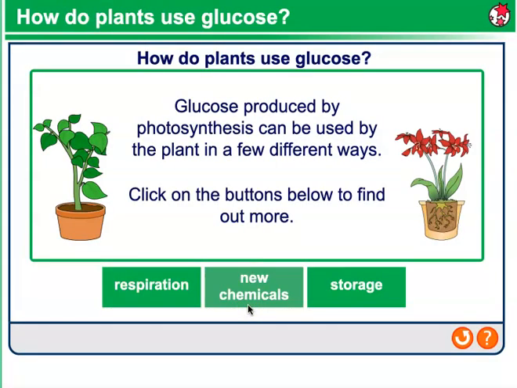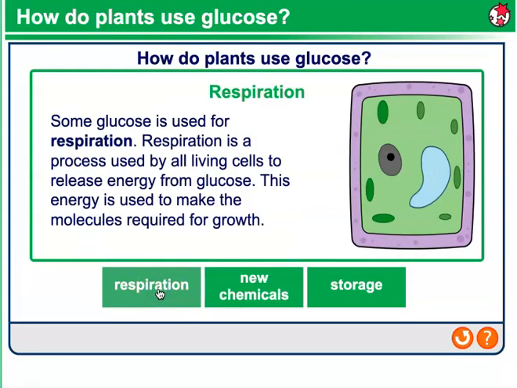So how do plants use glucose? Glucose produced by photosynthesis can be used by the plant in a few different ways. The first is respiration. Some glucose is used for respiration. Respiration is a process used by all living cells to release energy from glucose. This energy is used to make the molecules required for growth.